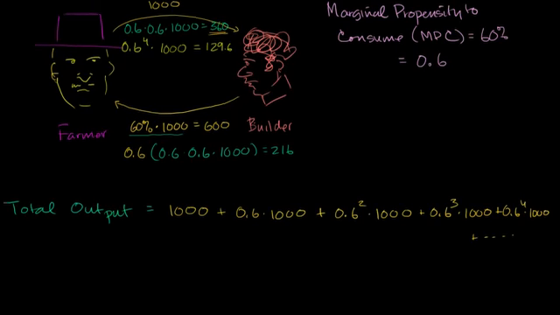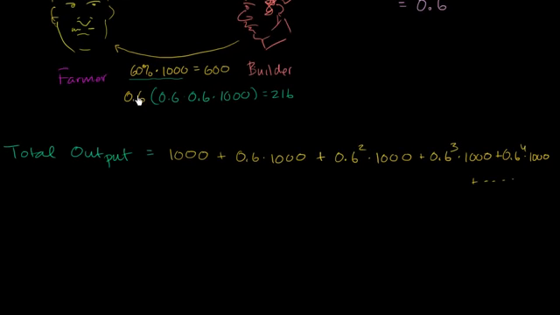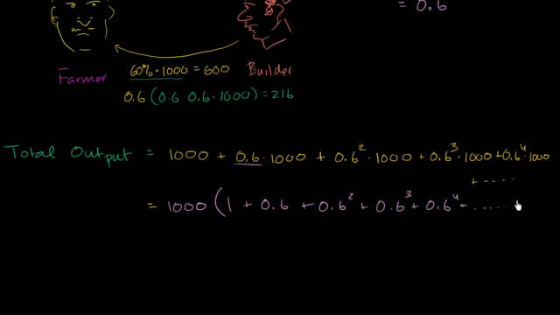So just to simplify this, the total output that's sparked by that original $1,000, we can factor out the 1,000. I'll do this in a new color. So we can factor out the 1,000, and we are left with 1 plus 0.6 plus 0.6 squared plus 0.6 to the third power plus 0.6 to the fourth power, and it goes on and on and on.